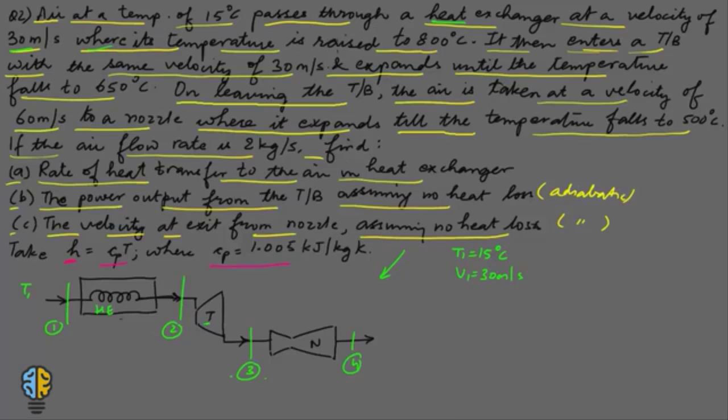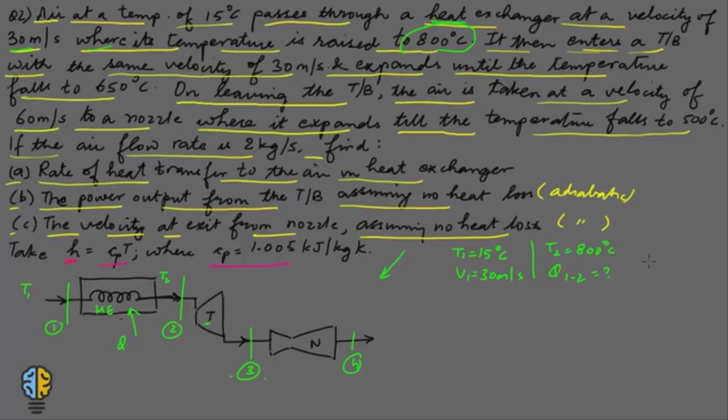The temperature is raised to 800 degrees Celsius. So the temperature at the exit of the heat exchanger, that is T2, is 800 degrees Celsius. So there is some heat that is being supplied to this heat exchanger, that is Q. So we need to find out Q in the process 1 to 2.